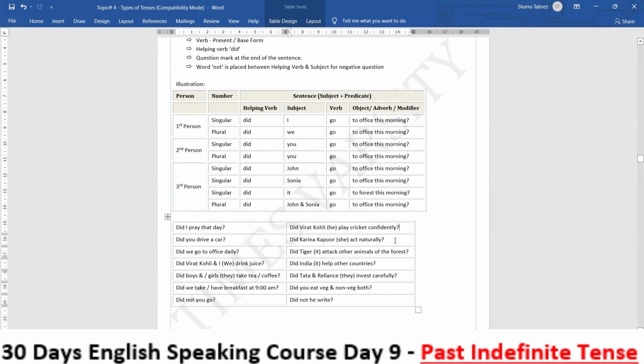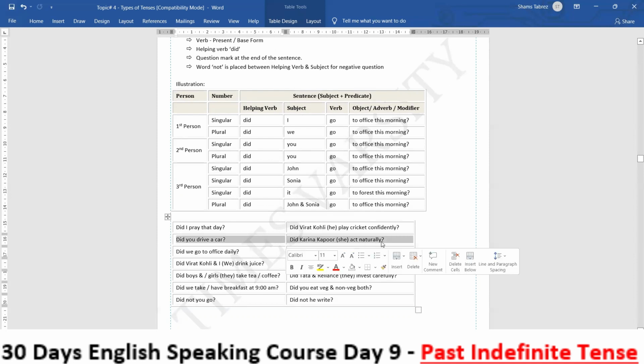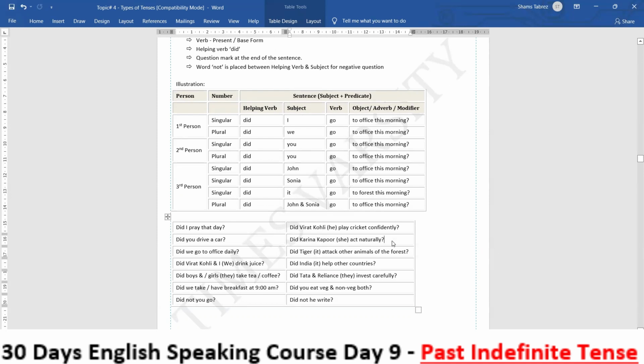Similarly, now read out this one. Did Kareena Kapoor act naturally? Yes. So क्या करीना कपूर ने नेचुरली एक्ट किया फिल्म में? Right.